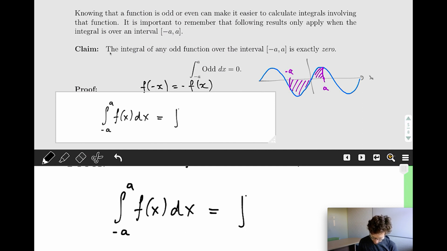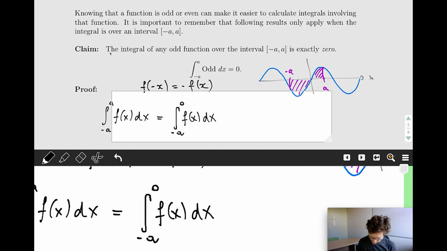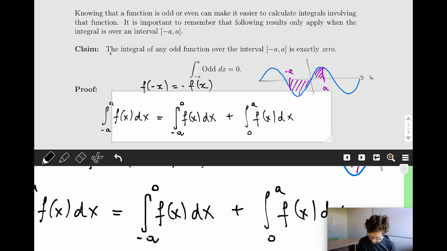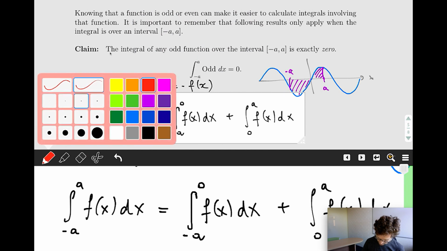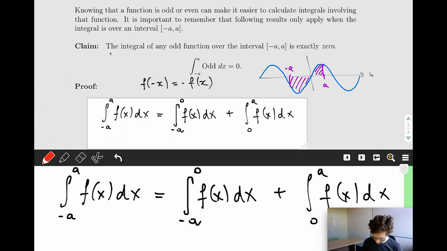I can have the integral from minus a to 0, and I can have the integral from 0 to a. So I can always do that with integrals. I can split up the integration from minus a to a into two pieces, minus a to 0 and 0 to a. Now let's focus on the first part here.